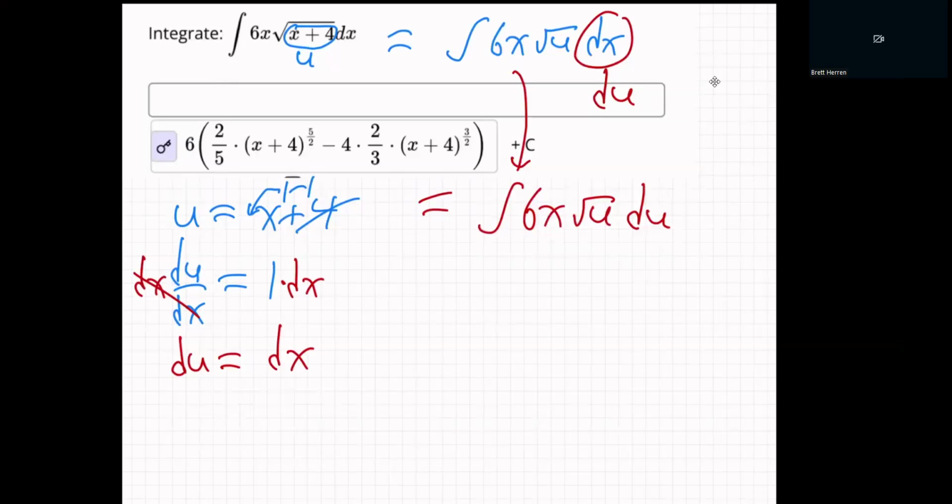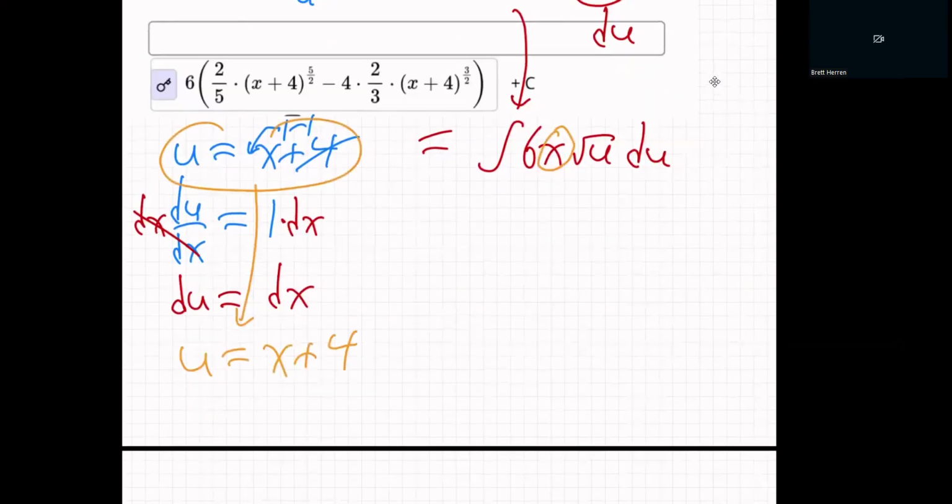If we look at this, u is x plus 4. I can actually solve for x right there. Just subtract 4 from both sides. This goes away. So x is what? u minus 4. That means wherever you see x, you can replace it with u minus 4.